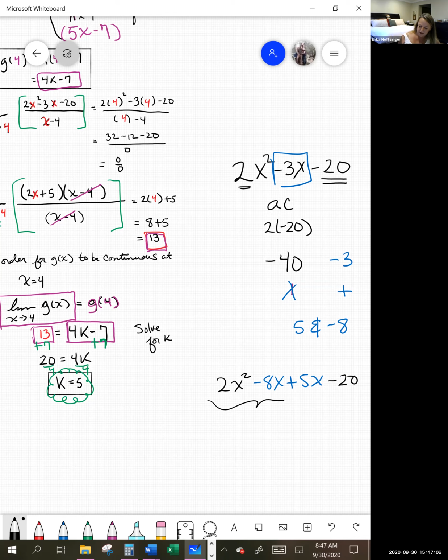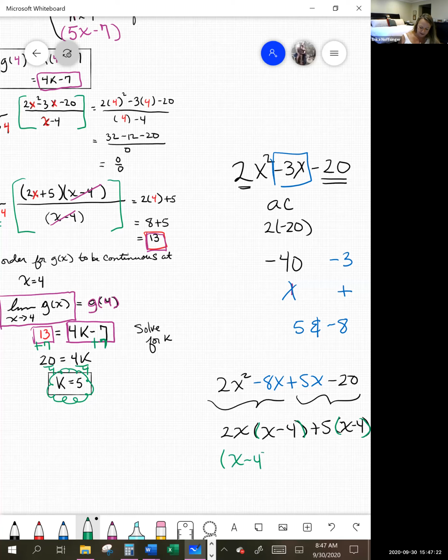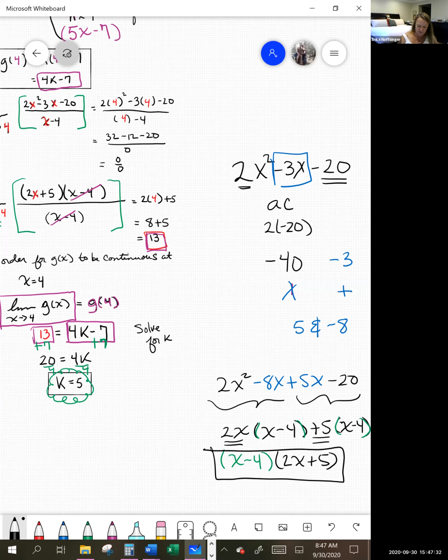Factor by grouping. Pull out a 2x, we're left with x minus 4. Pull out a 5, so plus 5, I'm left with x minus 4. That x minus 4 is the same, which it should be if we did this right. And then what's left is the 2x for the first piece and the plus 5 for the second piece. And so the factored form is this.